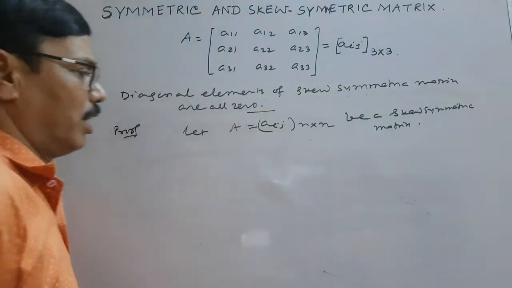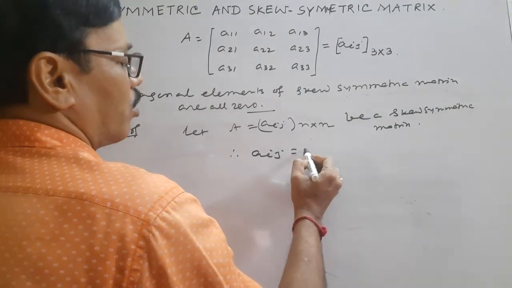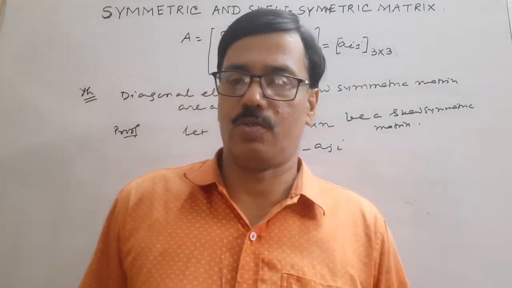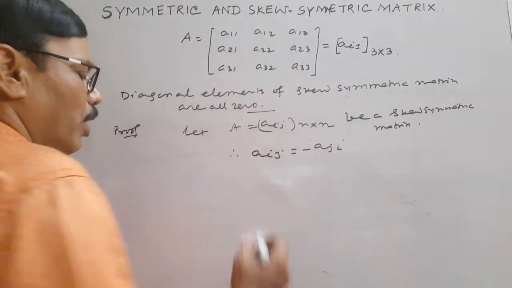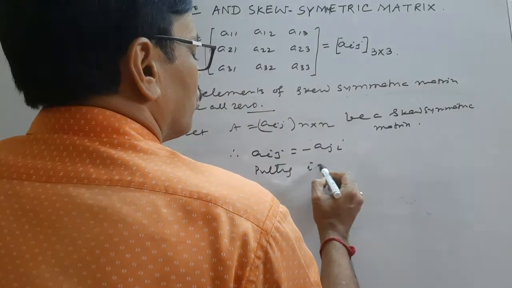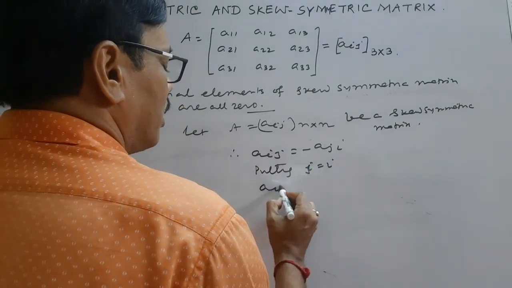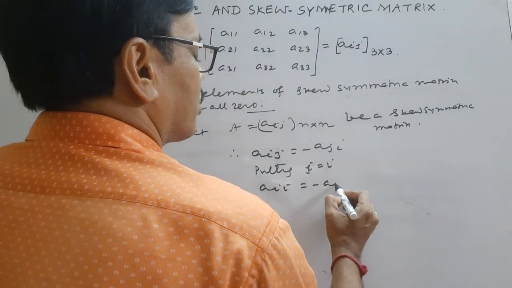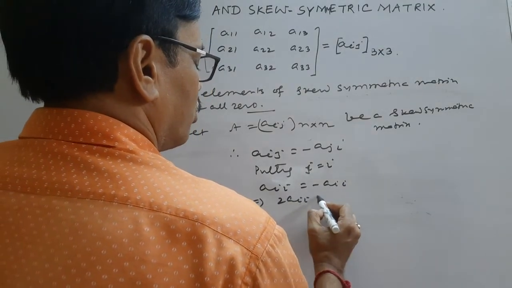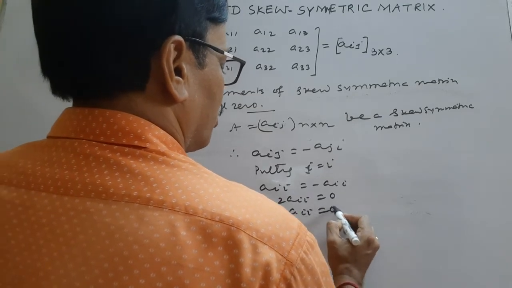We use the alternative definition. Therefore, Aij equals to minus Aji from the definition of a skew symmetric matrix. So putting j equals to i, we get Aii equals to minus Aii. So 2Aii equals to 0, which implies Aii equals to 0.